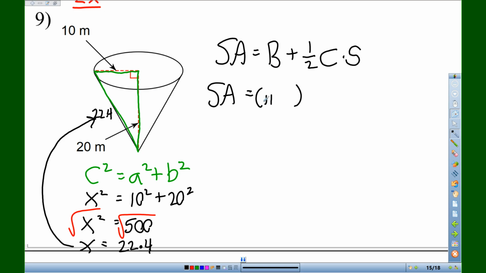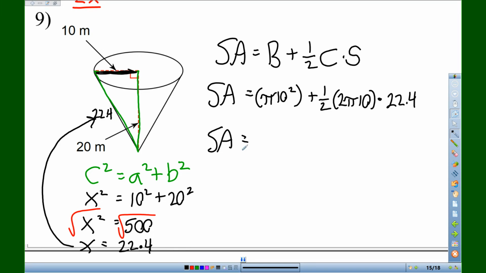I know I'm doing pi r squared. The radius is given to us. It's 10. Plus 1/2 of circumference, which is 2 pi. Radius, again, is still 10. Times the slant height, which we found, 22.4.